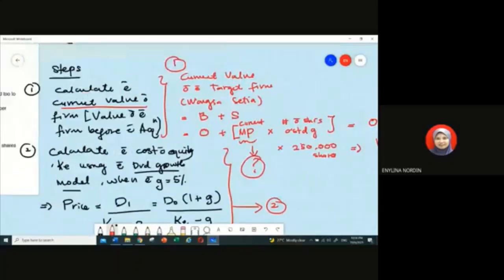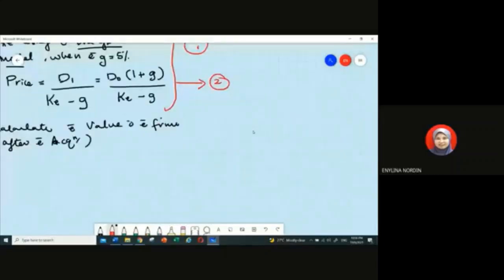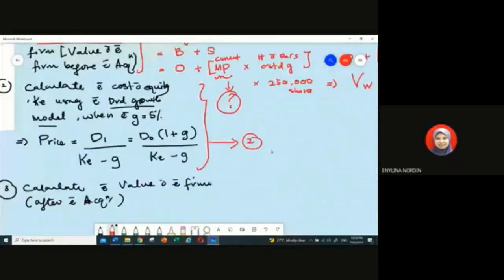So that was step number 1. Now we proceed with step 2, where we need to determine the KE. Since we are going to use the growth rate of 5%, we are referring to the situation before the acquisition.